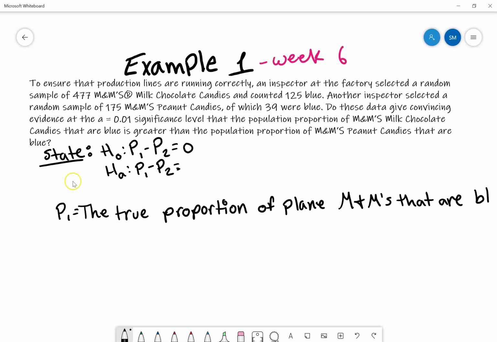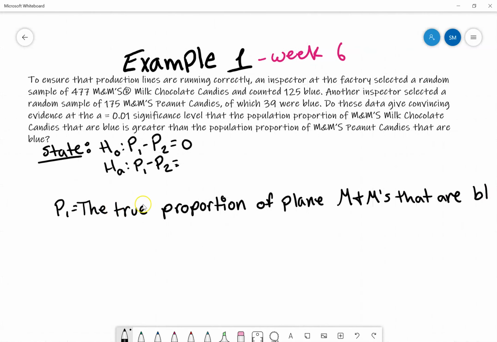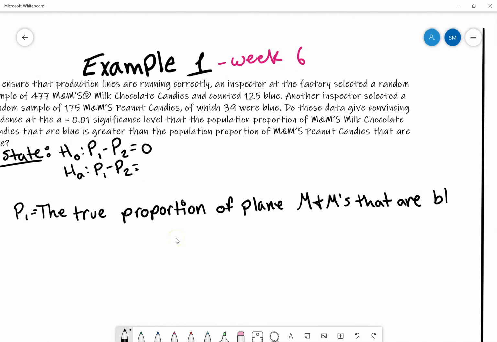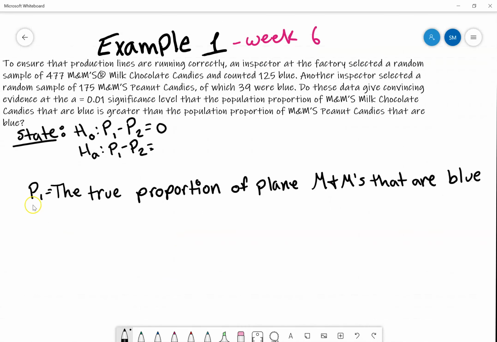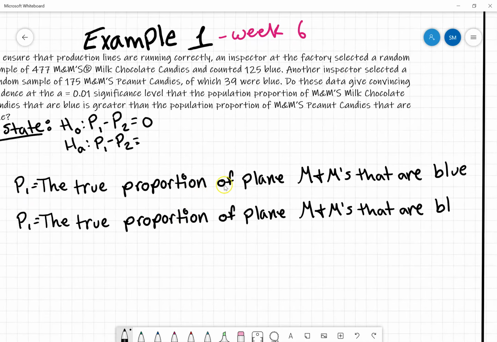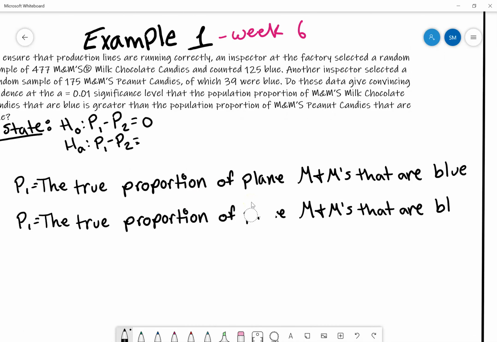So I want to say that P1 is the true proportion of M&Ms that are blue. I also want to say that P2 in that case is the true proportion of peanut M&Ms that are blue.